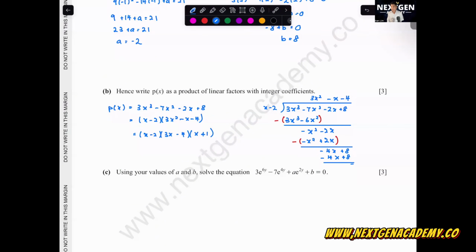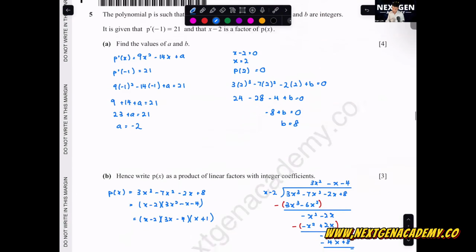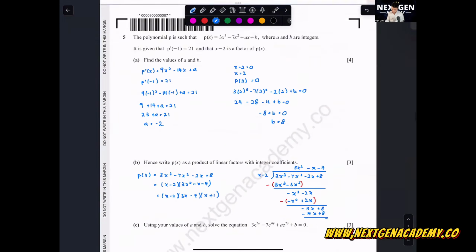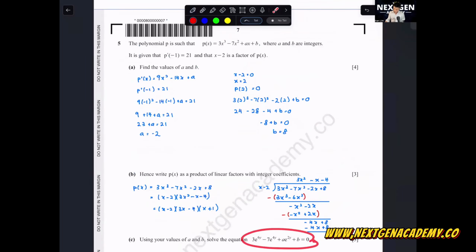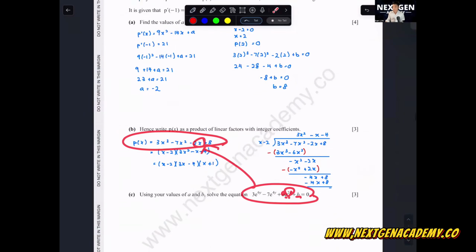Using your values of a and b, solve the equation 3e to the power of 6y minus 7e to the power of 4y plus a e to the power of 2y plus b. If we look at the equation, this is continuing from the top. What is being replaced right now? The x is equal to e to the power of 2y. If we compare this equation with this equation, e to the power of 2y is equal to x.